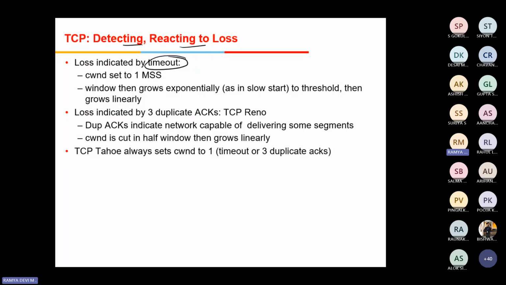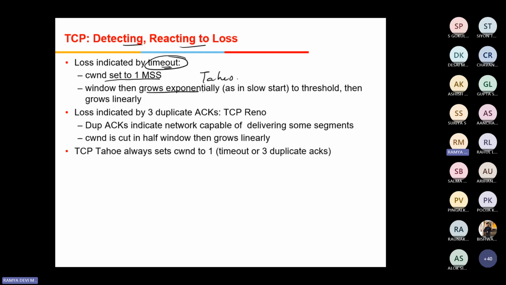So TCP assumes this happens due to congestion. So TCP will reset the congestion window size to 1 MSS. The congestion window starts from 1 again and grows exponentially. So this is how Tahoe works.